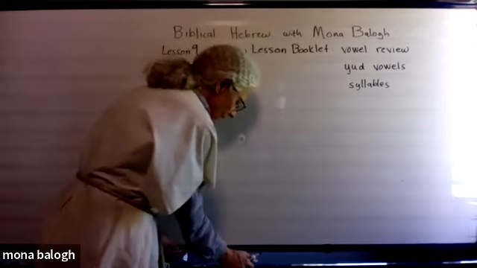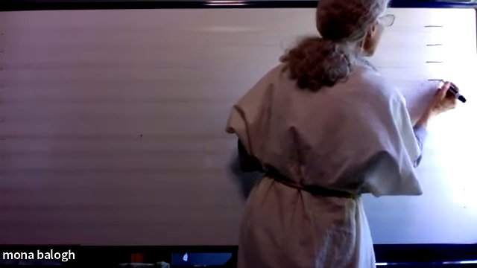I hope you were able to practice and get really good at the vowels and the letters and combining them together. So remember the vowels, let's do the 4 lines and bracket off the 3 spaces.